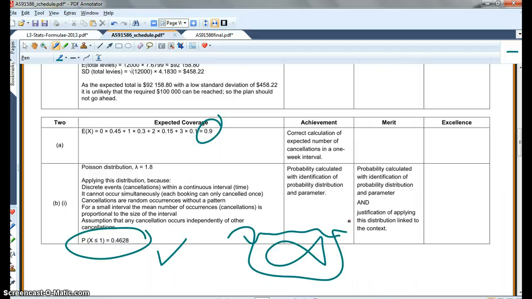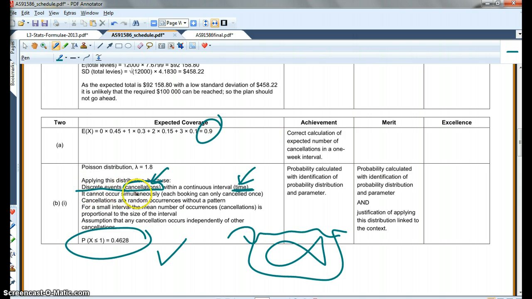The discrete event is the cancellation, and the continuous thing is the time of 1 week. So discrete events, cancellations, that's putting it into context, that's getting you up to merit. With a continuous interval, time, this is again using the context, so getting you to merit.